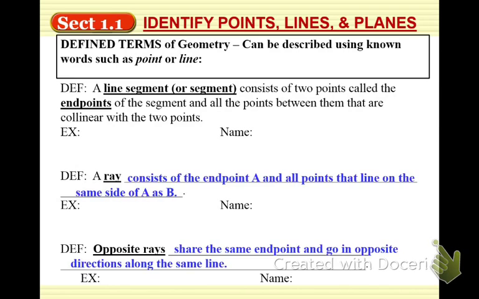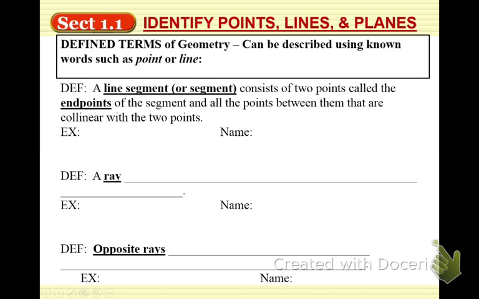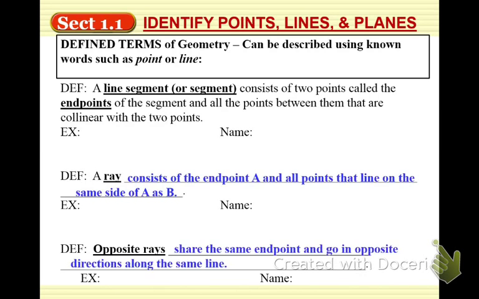Shocker. So basically, opposite rays are going to look like a line. And here's what they might look like.